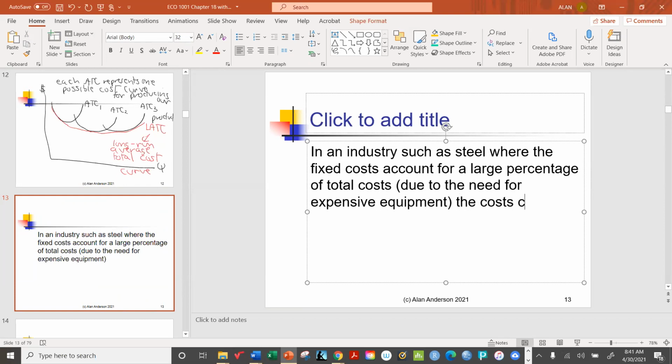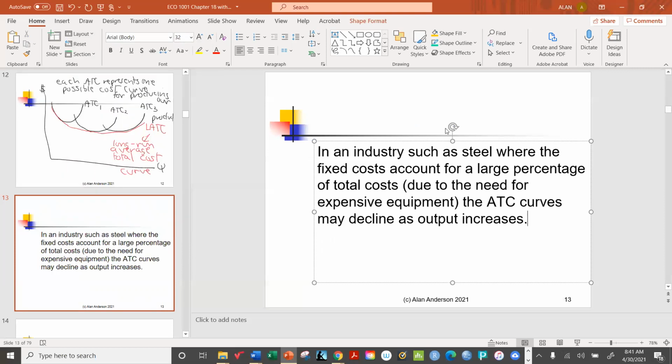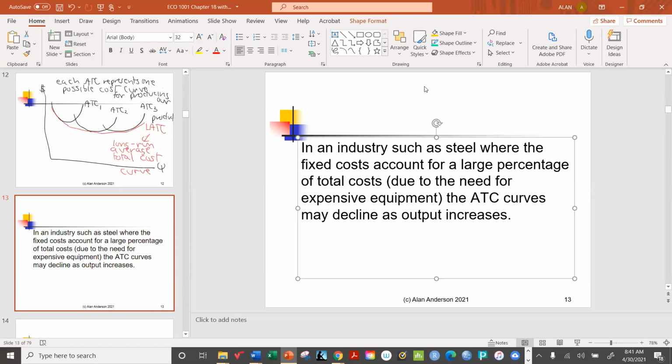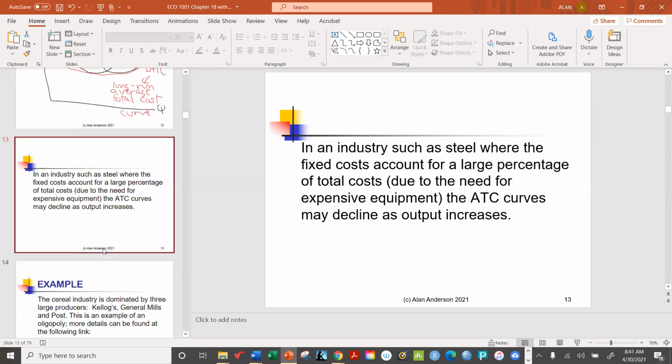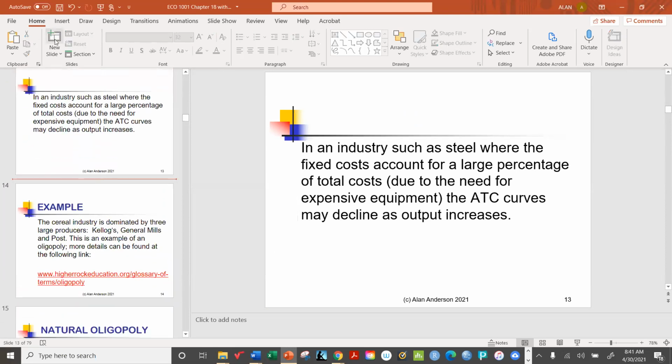The cost curves, or the short run average total cost curves, may decline as output increases. Okay, so what exactly does that mean? All right, so imagine now this is my graph.